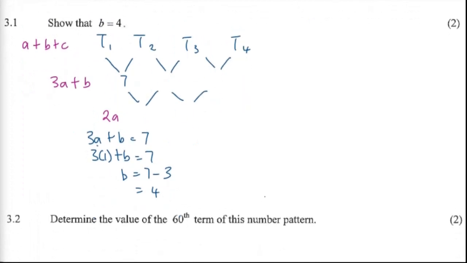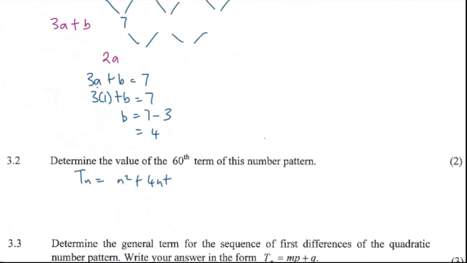So our general term Tn is equal to n squared plus 4n plus 9. For the 60th term, we just substitute 60 into there: 60 squared plus 4 times 60 plus 9.